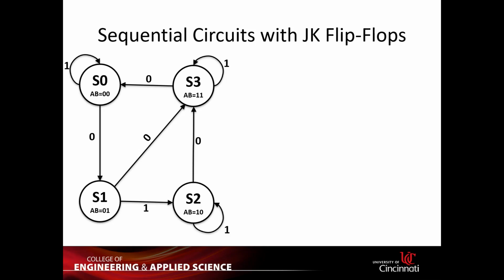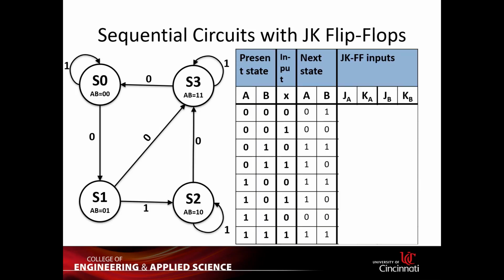Okay, so let's say we are given this state diagram in here. First of all, you can fill out your state table, right? That means you have your present state and your next state. You can fill out all of the combinations of input and present state. Then according to this map, you can fill out your next state.